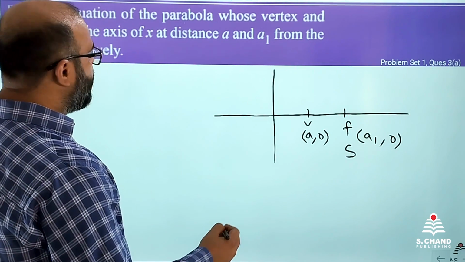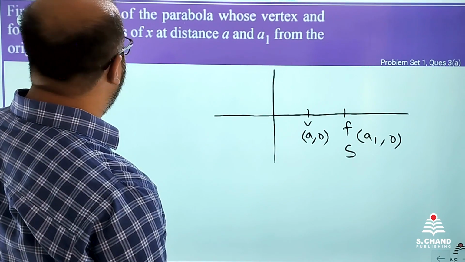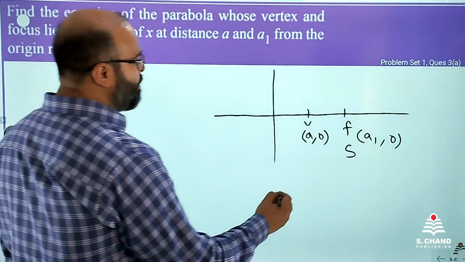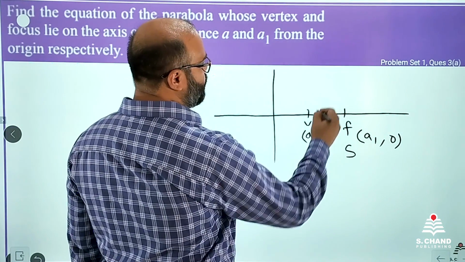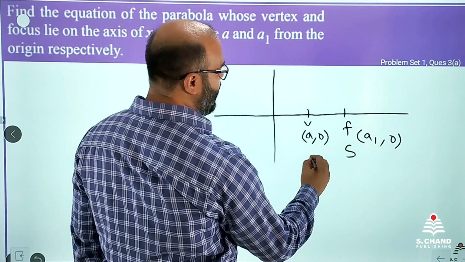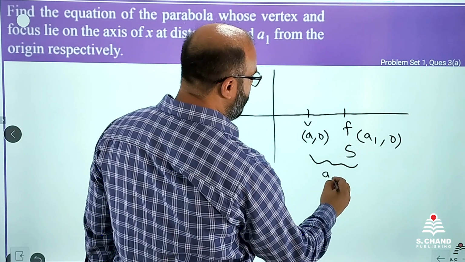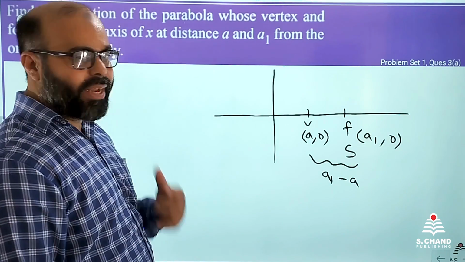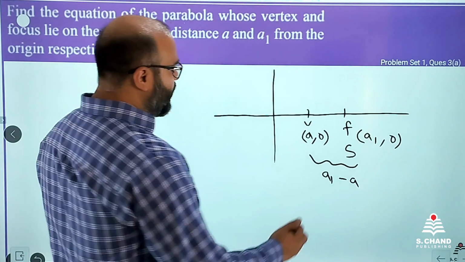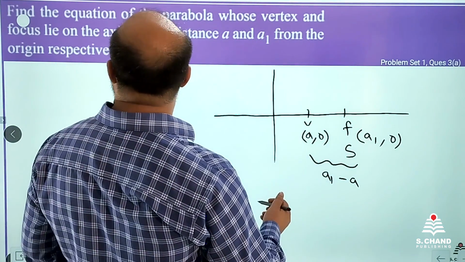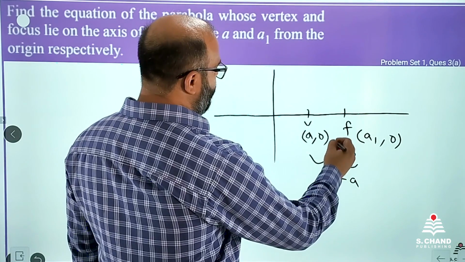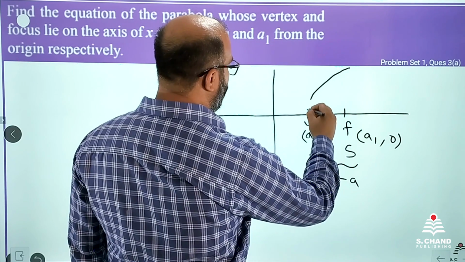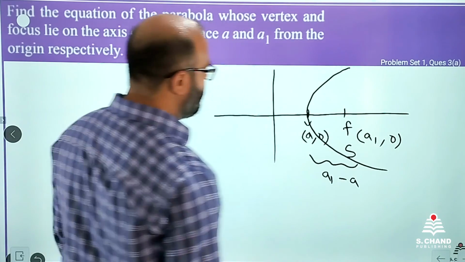Now how can you say what the equation of this parabola is? First of all, you have to understand what is happening here. This is the focus, which is at a distance a1 minus a from the vertex. Now we have to find the equation of the parabola. This will be a parabola which may be going like this.